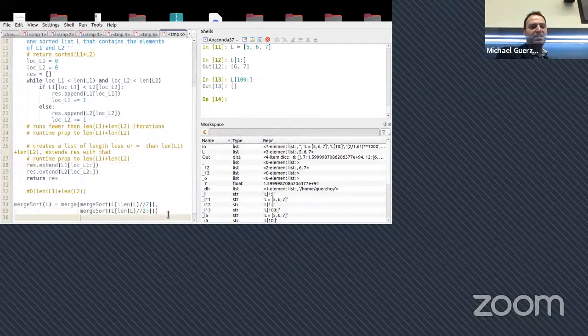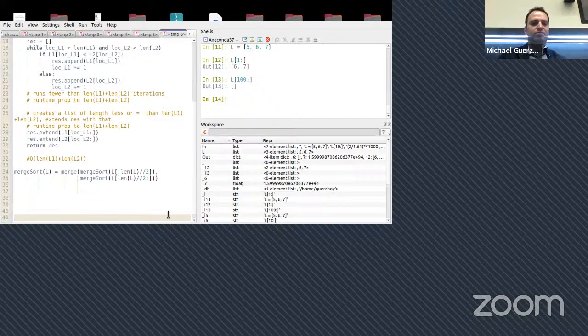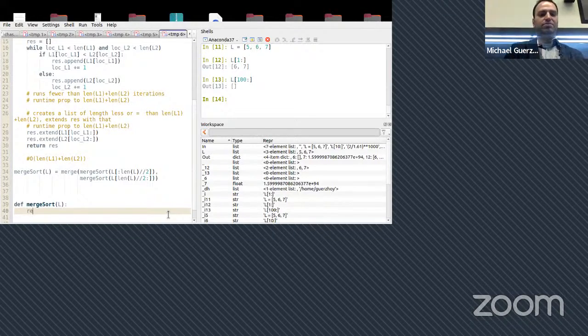So we can now write merge sort. In fact, we could do it before as well. The base case is, if the length of L is 1, then L is already sorted, because a list of length 1 is sorted, right?